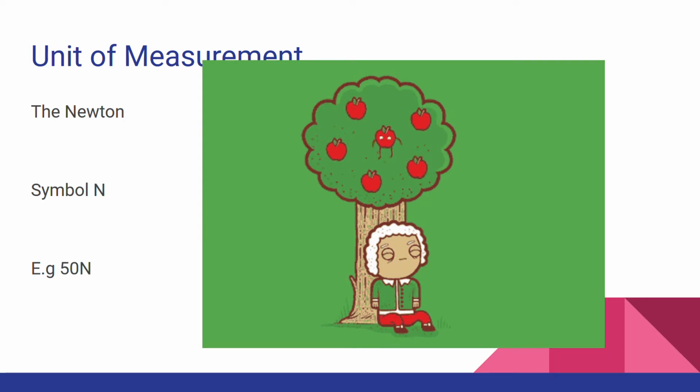So if it was to fall on you, then it's probably going to be more painful because it's something that you can't just brush off. It's probably going to break something or change a shape that you don't want changed. Alright, so that's the unit of measurement of force, the Newton. So that would be 15 newtons, for example, written as 15 N.